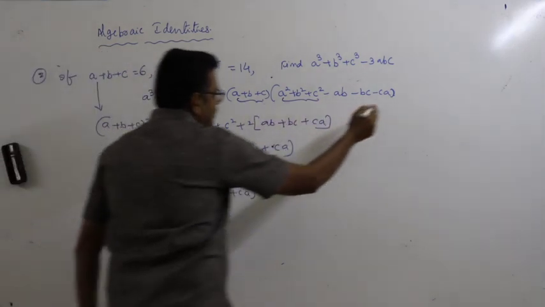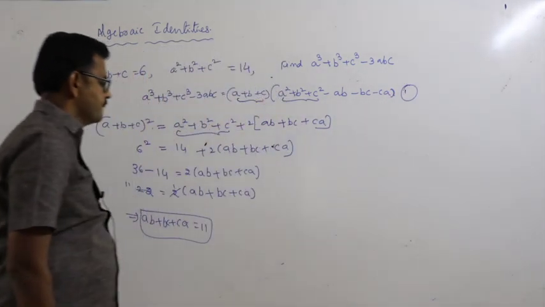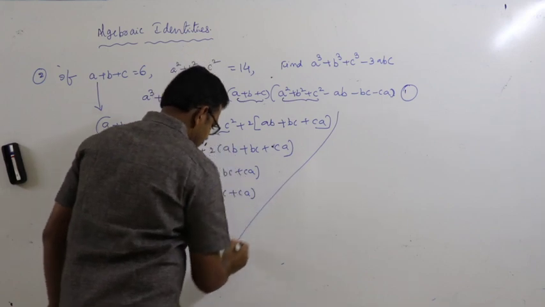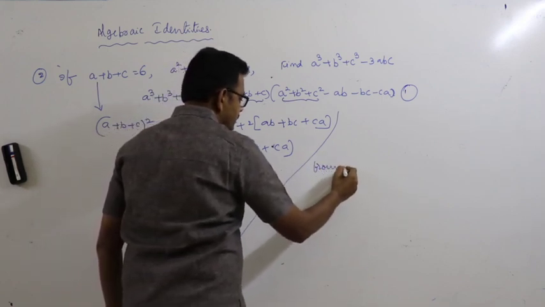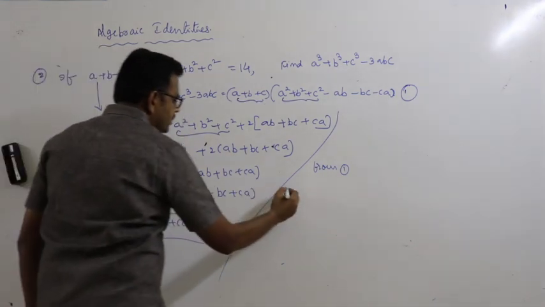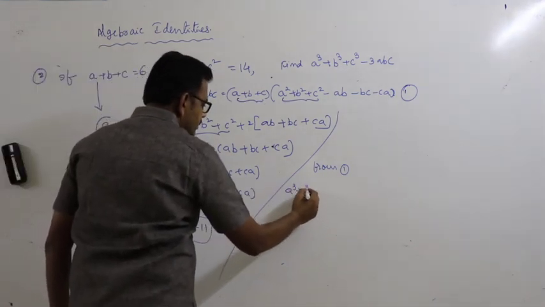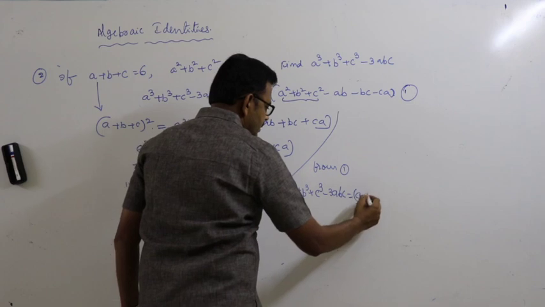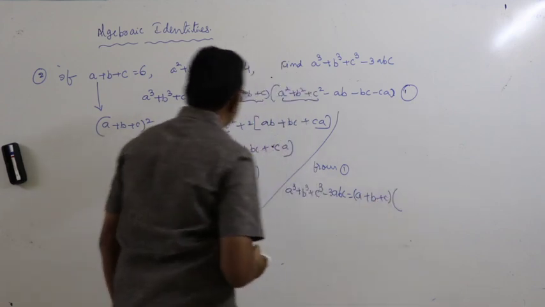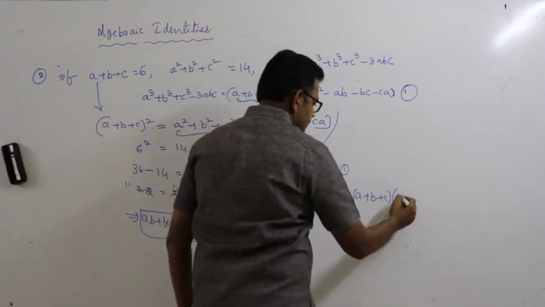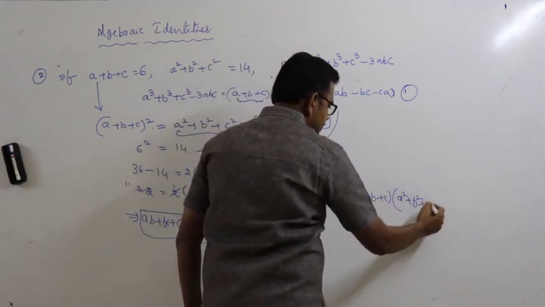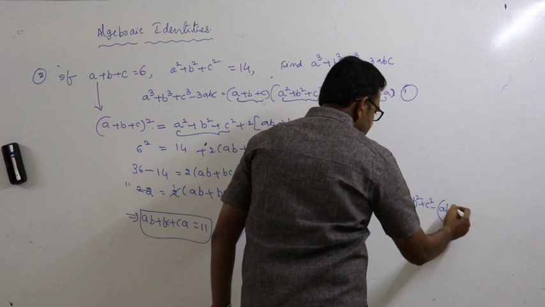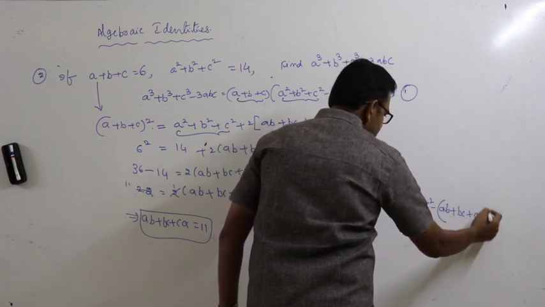Now you can call it 1. Now from 1: a cube plus b cube plus c cube minus 3abc is equal to a plus b plus c into a square plus b square plus c square minus of, taking minus common here, ab plus bc plus ca.